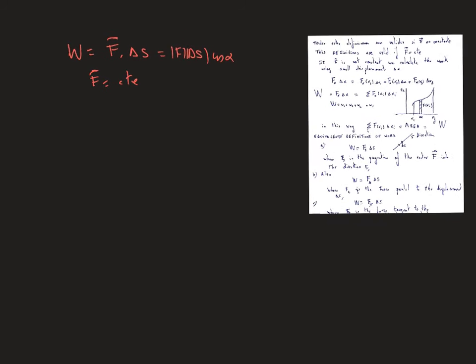So this equation, F scalar ds, or magnitude of F by magnitude of ds by the cosine of alpha, is valid when F is constant. What happens if F is not constant?